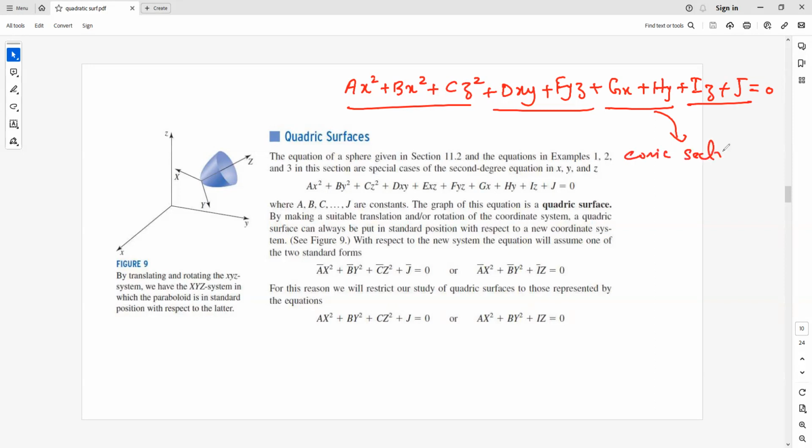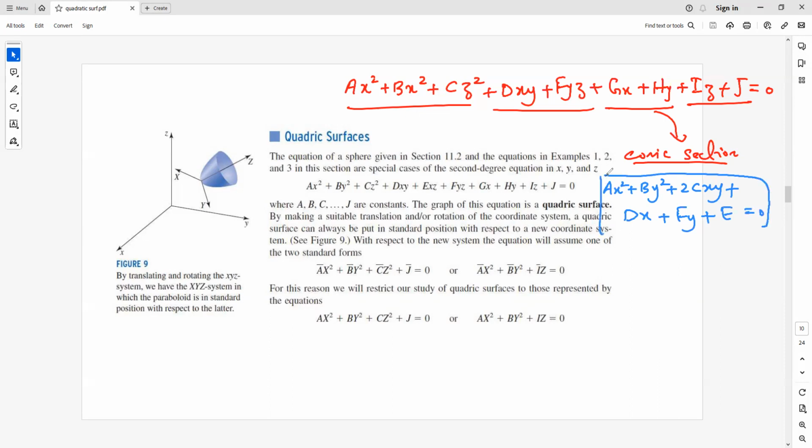So in 2 dimensions, the equation of a conic section is given by ax squared plus by squared plus 2cxy plus dx plus fy plus e equals 0.